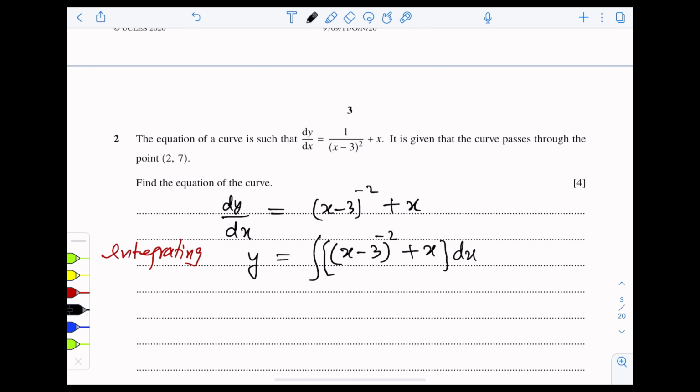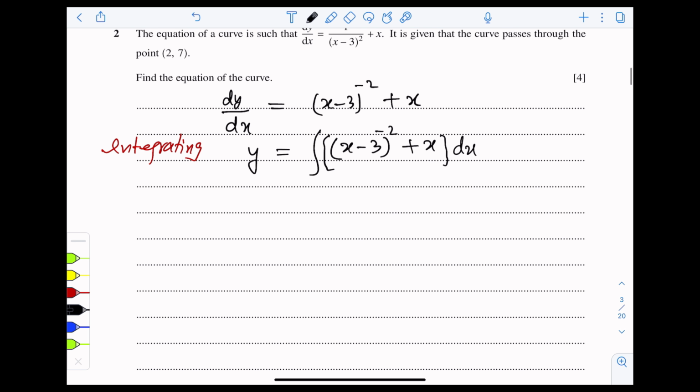with respect to x. dx shows with respect to x because the variable involved is x. This becomes y is equal to (x minus 3), adding 1 to the power minus 2 it becomes minus 1, plus integration of x is x square over 2 plus c.